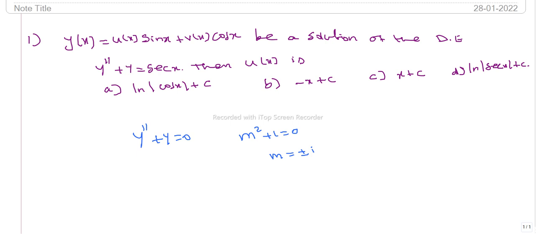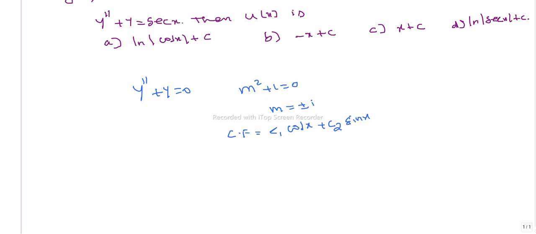Therefore the roots are complex roots, and the complementary function is e power 0 times x, c1 cos beta x, beta is 1, plus c2 sin x. So there are two solutions for the homogeneous equation: one solution is cos x and the other solution is sin x.